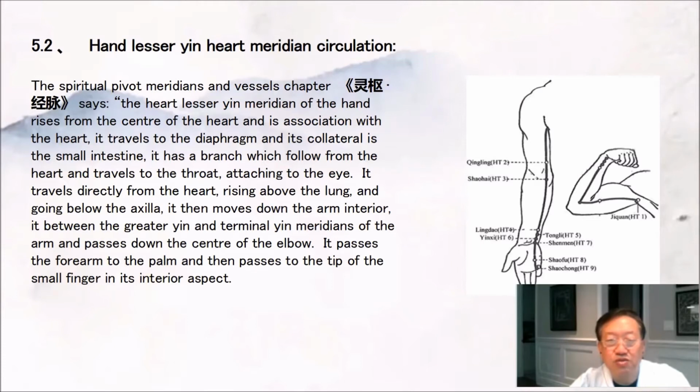It travels directly from the heart, rising above the lung and going below the axilla. It then moves down the arm interior in between the greater yin and terminal yin meridians of the arm and passes down the center of the elbow. It passes to the forearm, to the palm, and then to the tip of the small finger in its interior aspect.